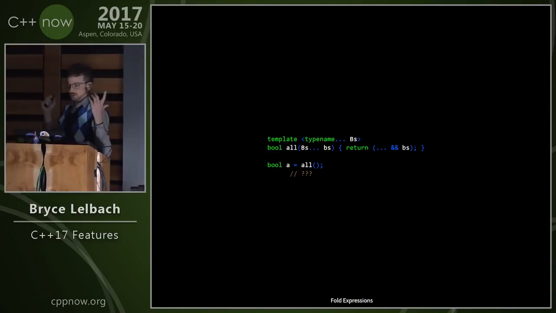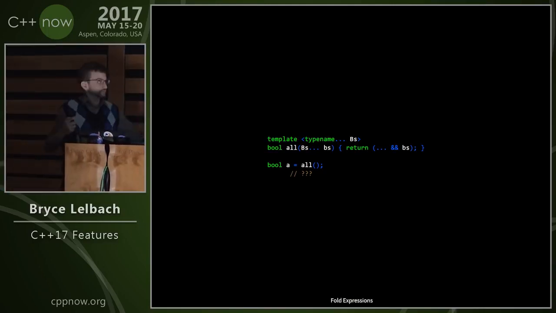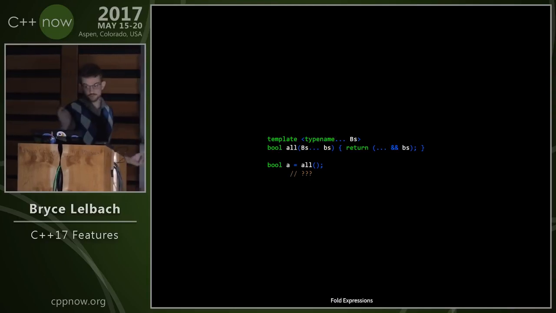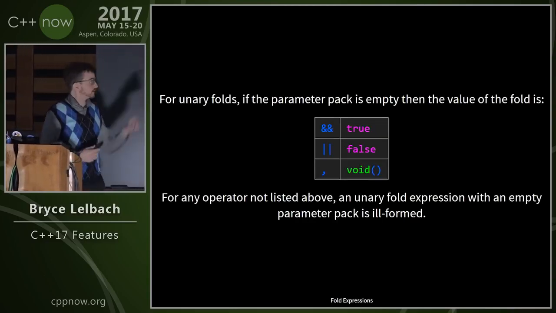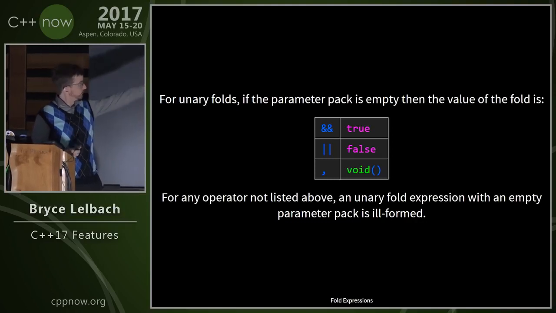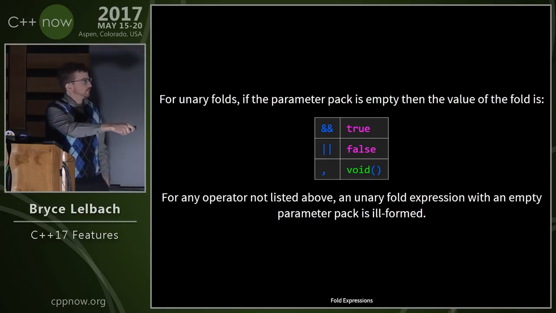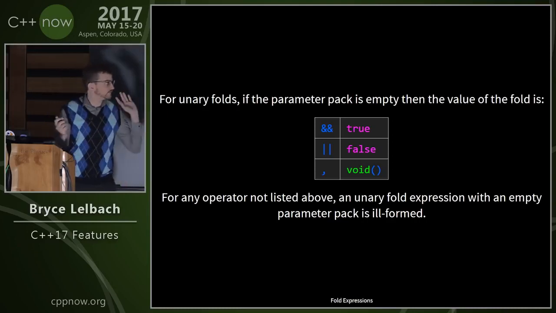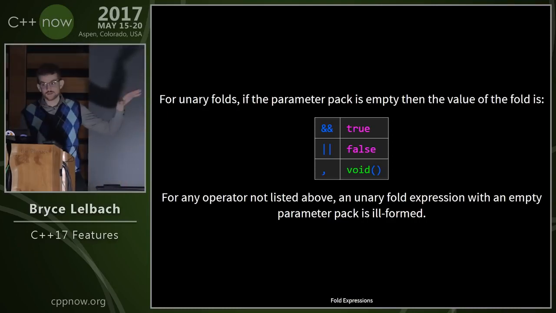What does it return? It needs to return a bool, obviously, but does it return true? Does it return false? Well, for these operators, you can use them with unary folds: Boolean AND, Boolean OR, and the comma operator. It will be assumed that the sentinel value is these values on the right here. For any operators not listed there, you can't use that type of fold expression.